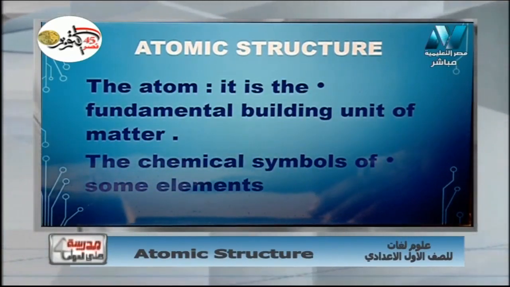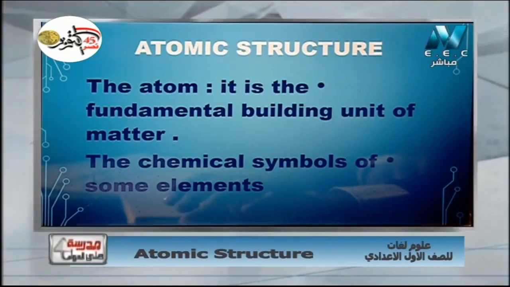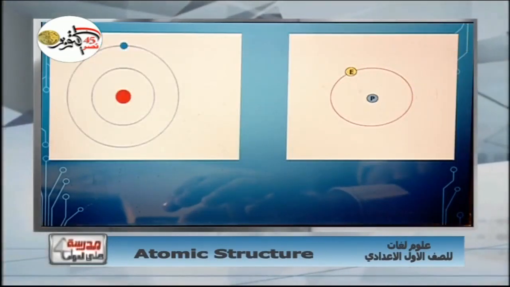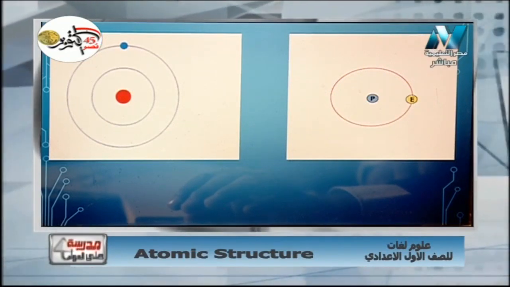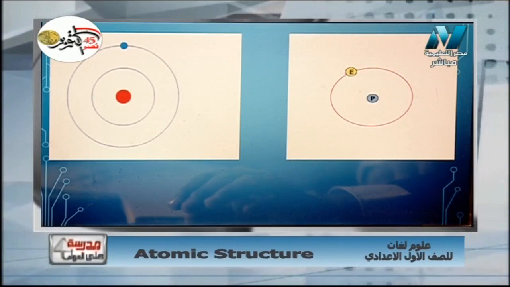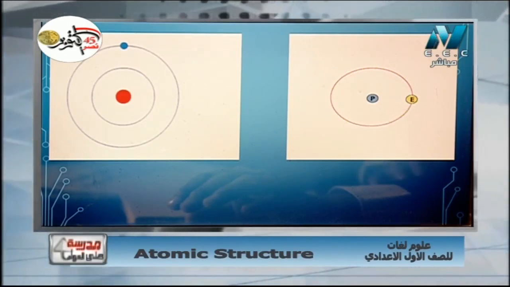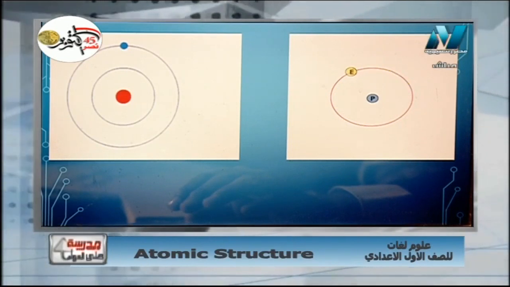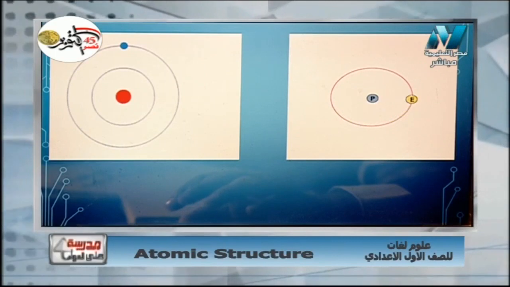Let's now talk about the chemical symbols of some elements. As you see, my dear student, this is the atom. Inside the atom there is the nucleus, and around the nucleus there are some electrons that revolve with high speed.